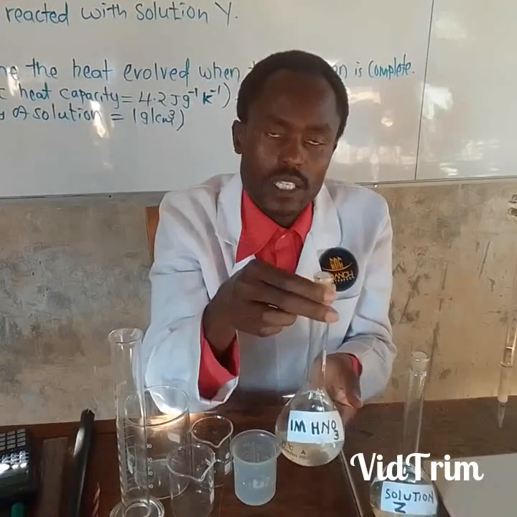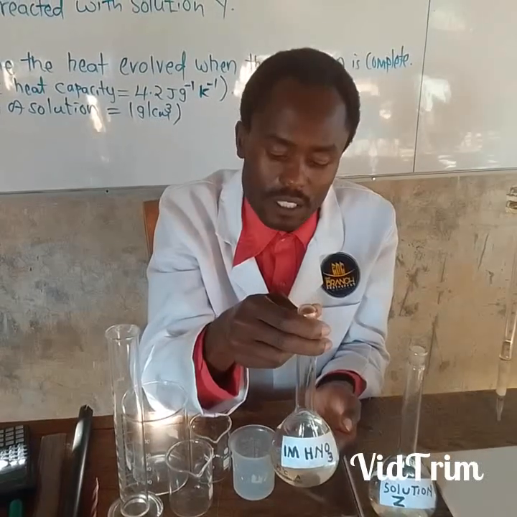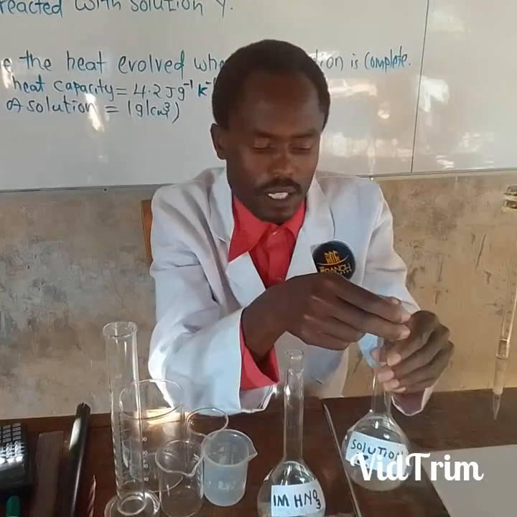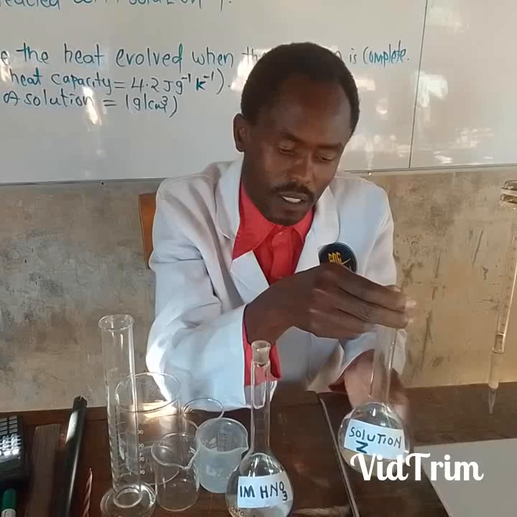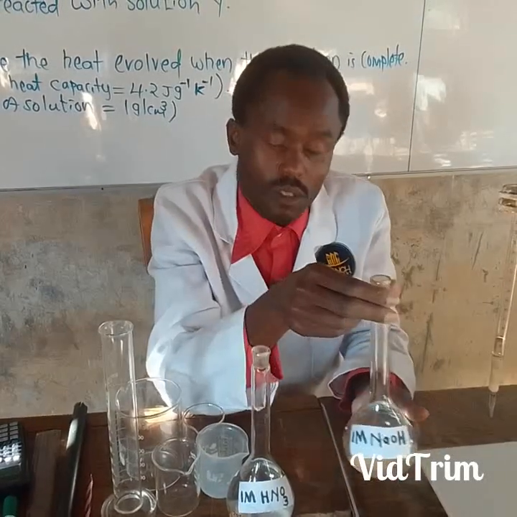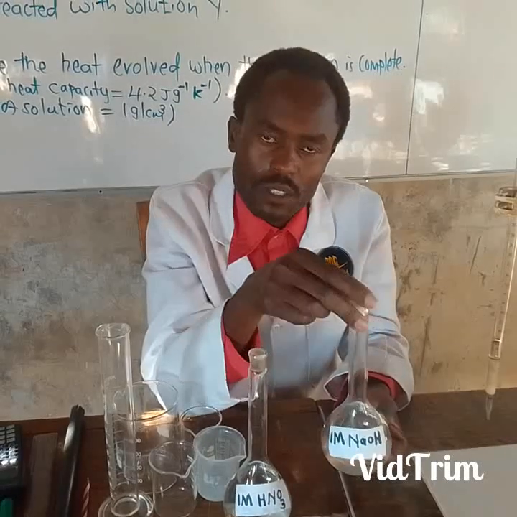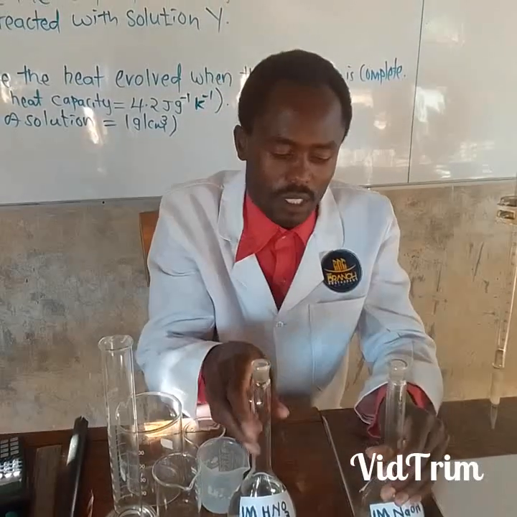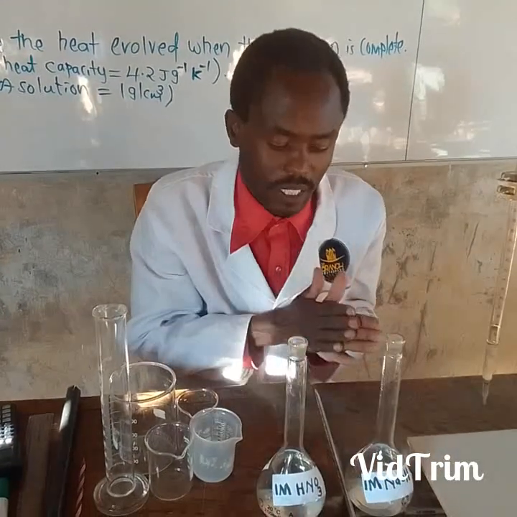This solution Y is 1 molar dilute nitric 5 acid. Then the next solution is solution Z. You can see the label. This solution Z is 1 molar sodium hydroxide solution. We are going to react these two solutions, solution Y and Z.